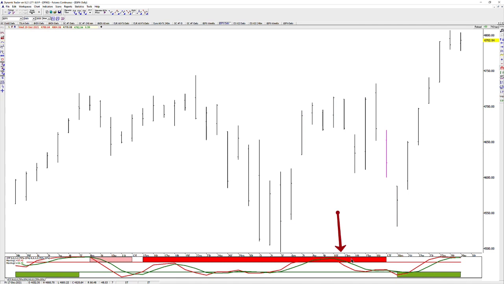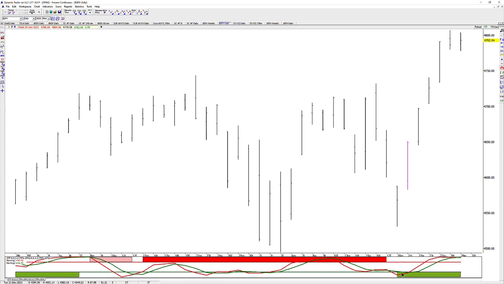But the weekly momentum remained bearish, and then it made a bull reversal right here, virtually on the day. Two days later, the daily momentum made a bull reversal when the weekly momentum was bullish, a dual time frame momentum position to continue a weekly bull trend.